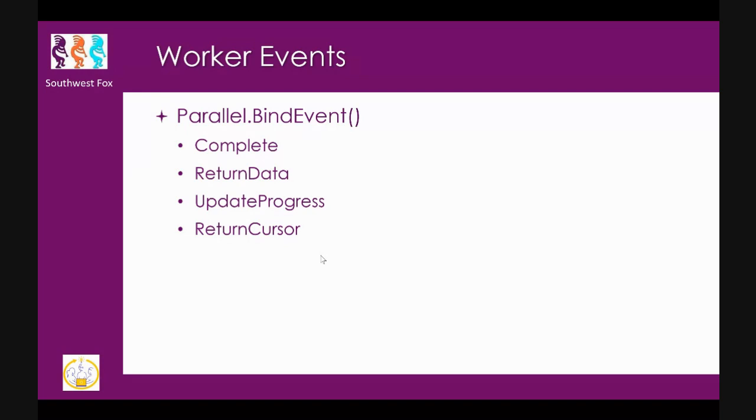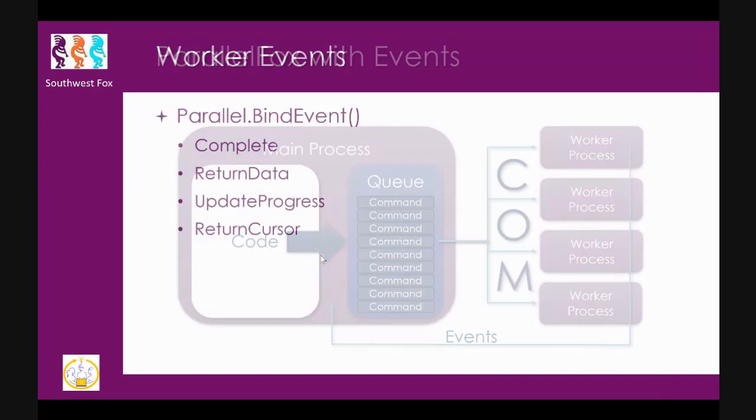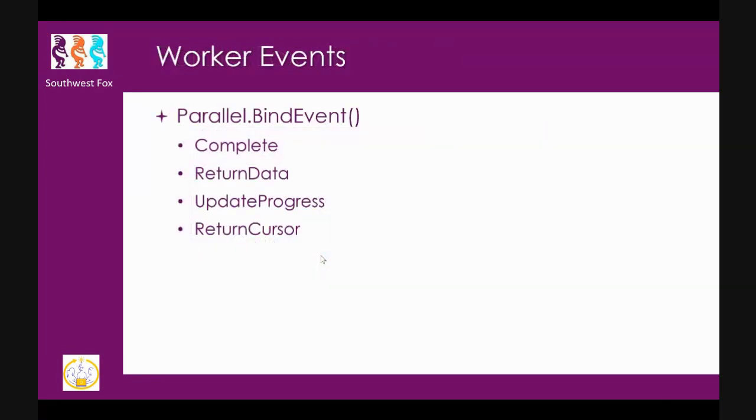Or maybe you've got a long process running and you would like it to report the progress of that task. In ParallelFox, this is done by means of worker events. And the syntax is very similar to VFP's BINDEVENT, so it should be familiar to those that have used that.